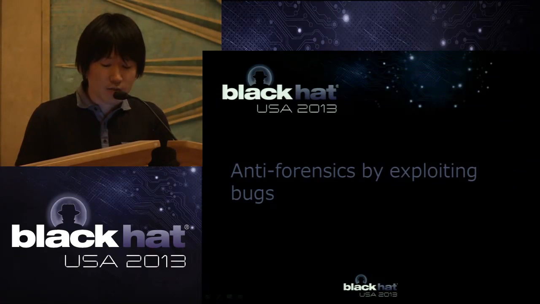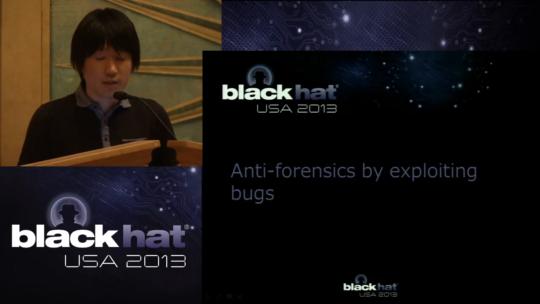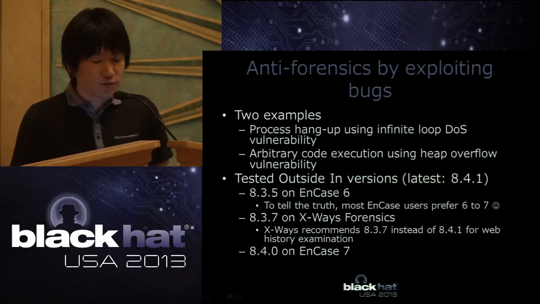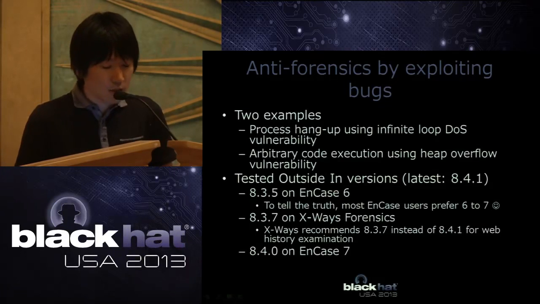Next, I analyzed the two files generated by the fuzzer in more detail to identify the kinds of vulnerability and exploit them. As a result of the analysis, I introduce two examples of anti-forensics: process hang-up using an infinite loop DoS vulnerability, and arbitrary code execution using a heap overflow vulnerability.